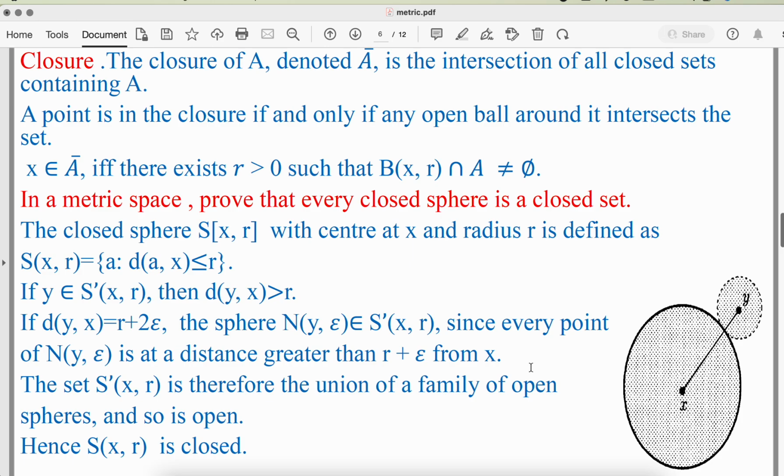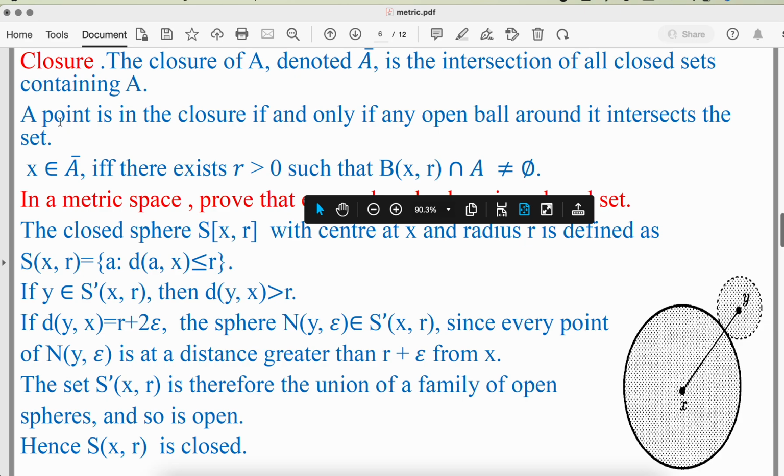Now closure. The closure of A is denoted by A bar, and it is the intersection of all closed sets containing A. And we can say that a point is in the closure if and only if any open ball around it intersects the set.